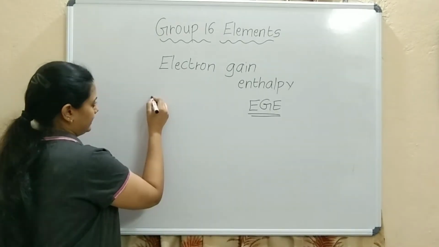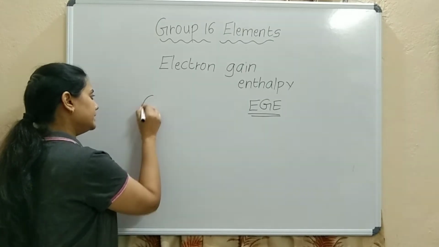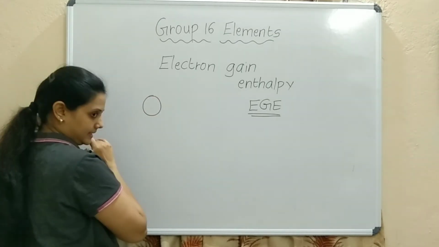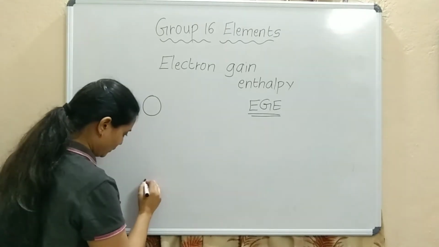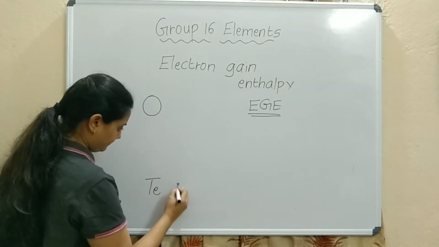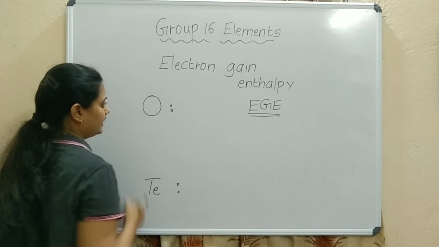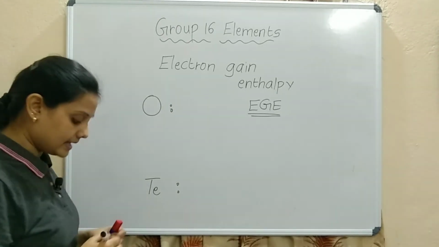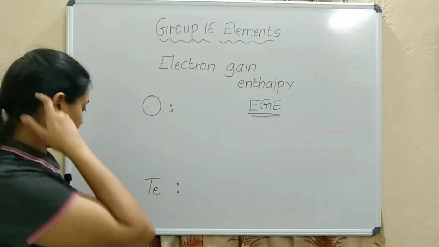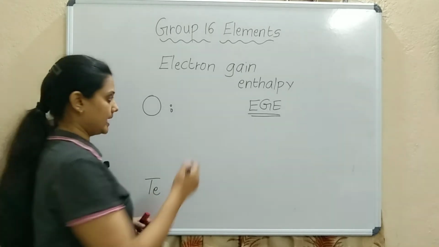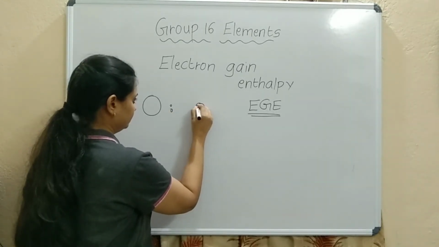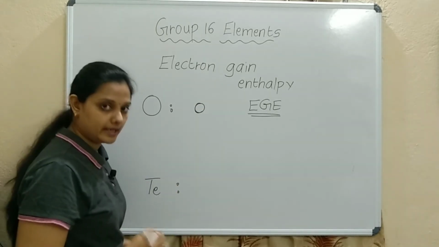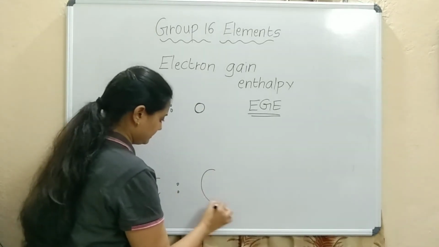So let's check this. We'll take the first element, that is oxygen, and the last element I will just take as tellurium. Okay. Compare the size of oxygen and tellurium. So oxygen, the size is small, and tellurium, the size is big.